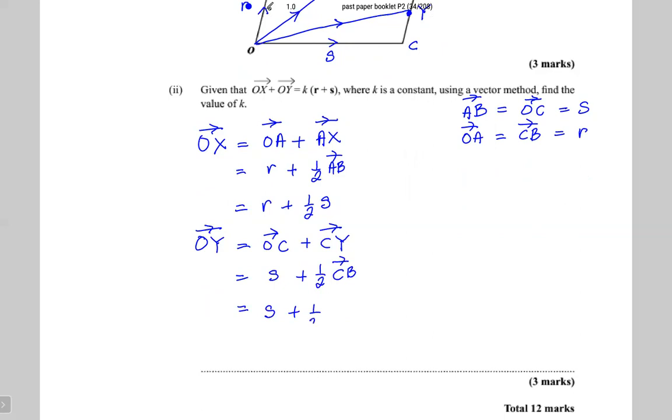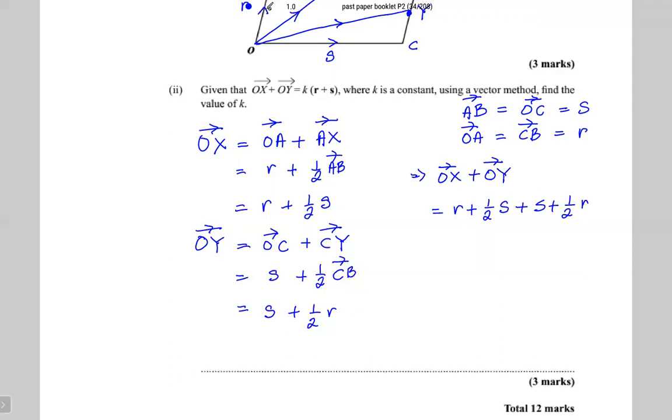Therefore, OX plus OY would be equal to R plus a half S plus S plus 1/2 R. So a half S plus S is 1.5 S. Do you agree?